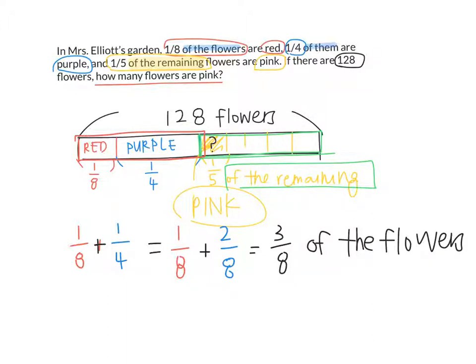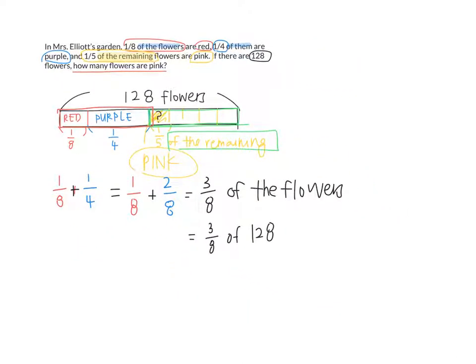Well, let's find out how many flowers that is. How can I find out what 3/8 of all the flowers are? Well, it says 3/8 of the flowers. How many flowers do I have? 128. So this is 3/8 of 128 flowers are either red or purple. What math equation can I do to find out what 3/8 of 128 is?